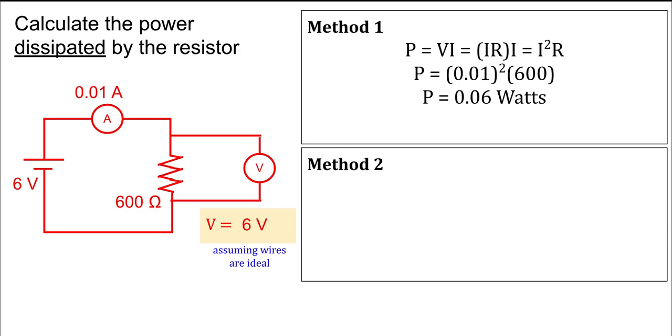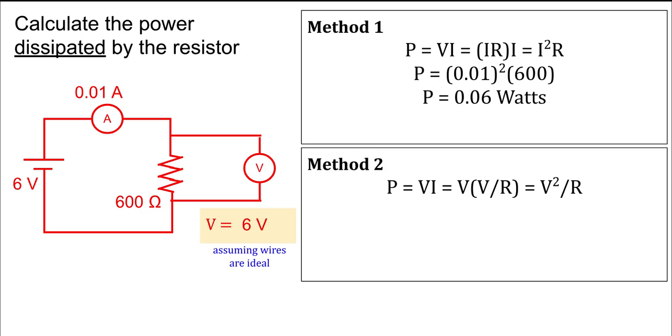Another way that we might look at this, and again, we'll see this in later parts of our class, is instead of substituting in I times R for the V part of the equation, we're going to get rid of the I. We're going to think that from Ohm's law, I is V divided by R. And so we'll put that into our equation instead and eliminate the current, the I part of the equation.